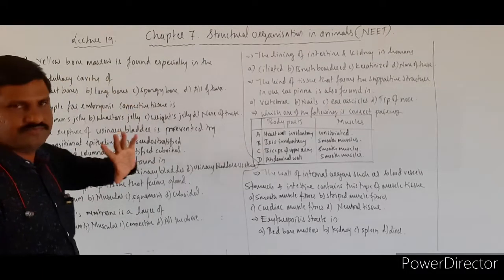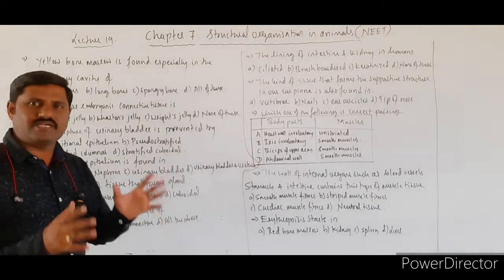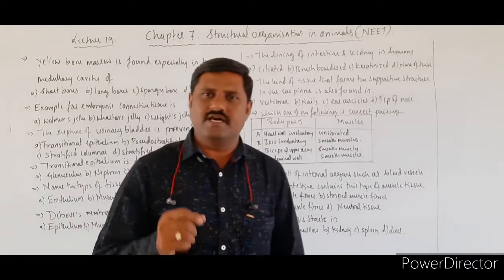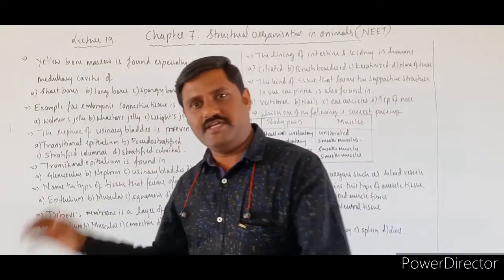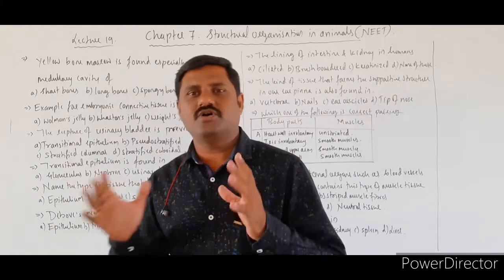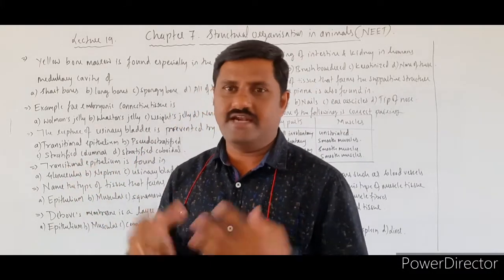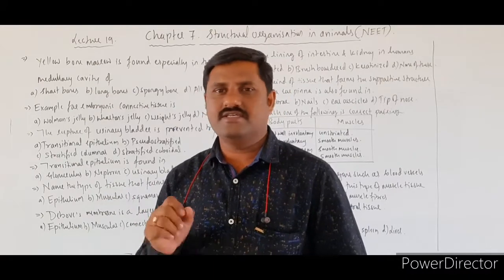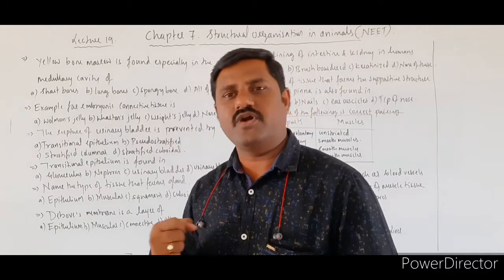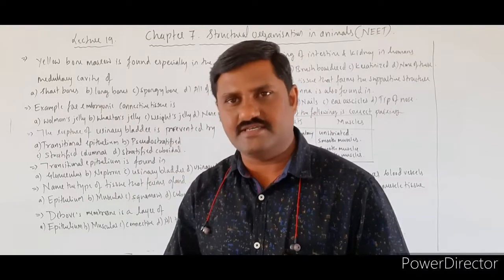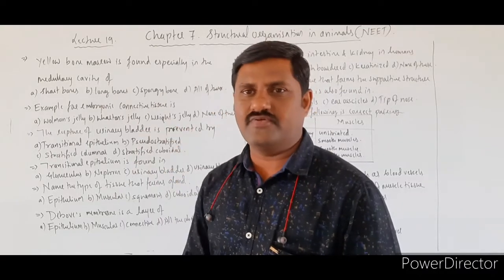Yellow bone marrow is found in what type of bones usually? Especially it is a storage tissue. It stores the fat, much of the fat, and here the erythropoiesis is not taking place. Erythropoiesis is nothing but it is a production of RBCs itself, right? It doesn't take place over here.